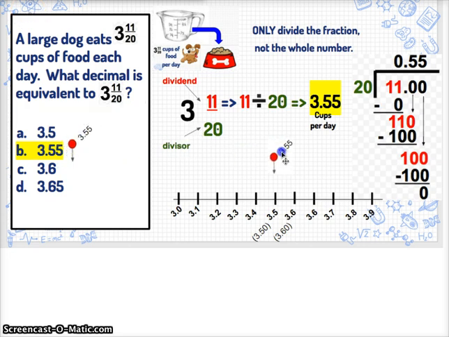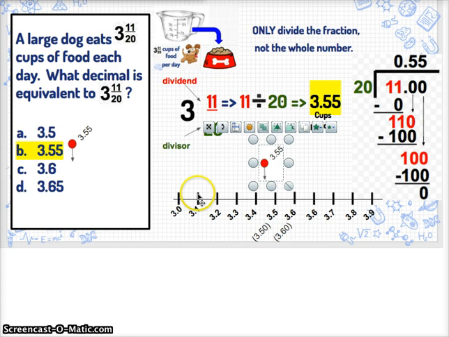To plot our answer on the number line, I have again skipped by tenths. So 3 and 0 tenths, 3 and 1 tenth, 3 and 2 tenths, and so on. If I look at this here, the number in the tenths place is 5. But there's more than that. It's 3 and 5 tenths, but also 5 hundredths.